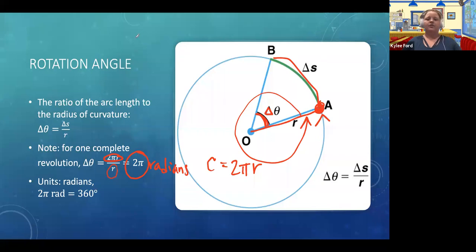So 360 degrees is the same thing as 2 pi radians. This can be used throughout this section because we may have to translate from radians to degrees or vice versa, so we want to watch out for that. So that is rotation angle.